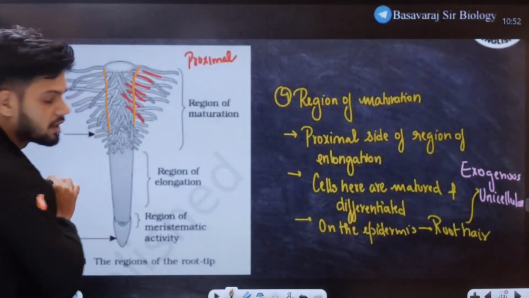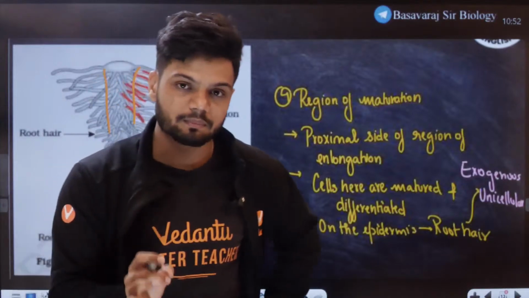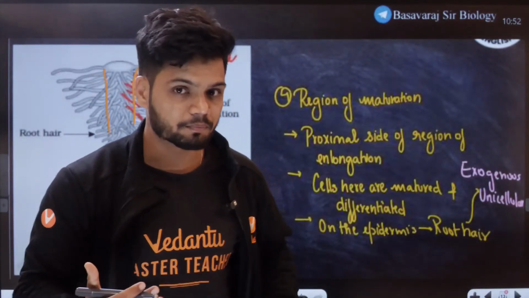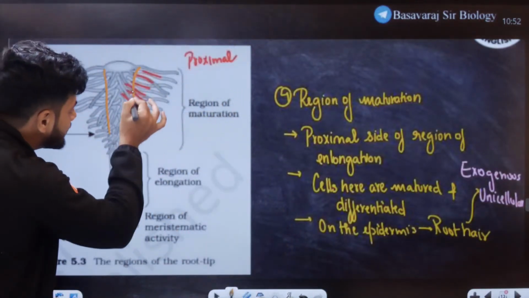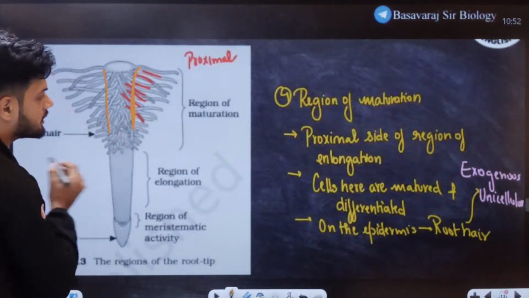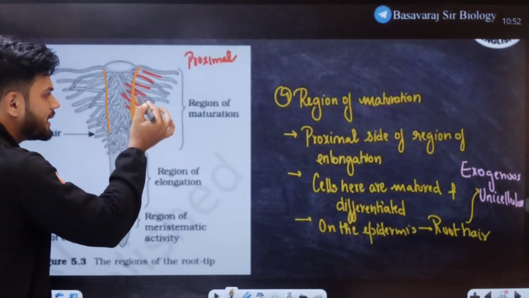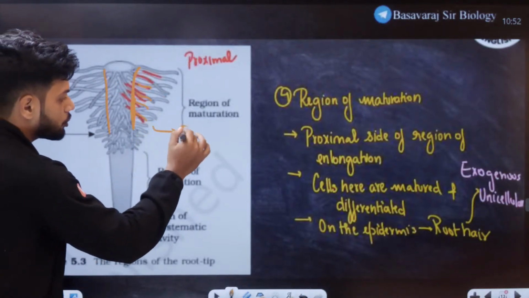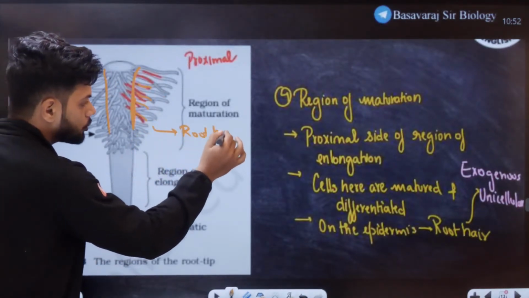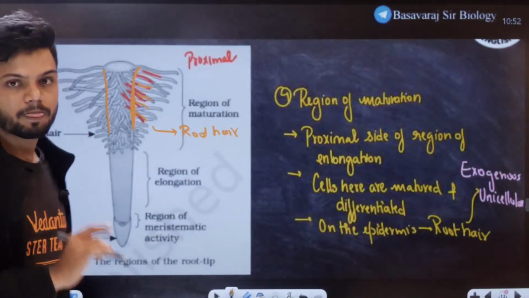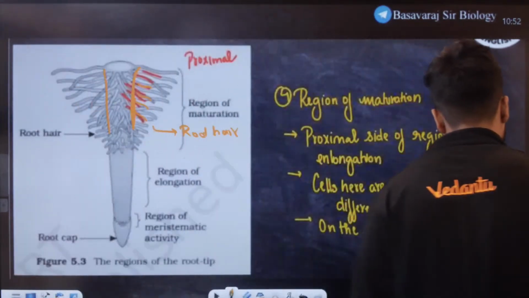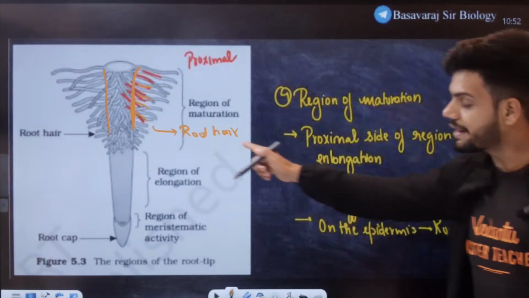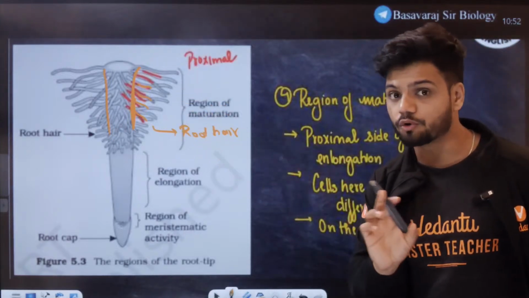The meaning of epidermis is the outermost layer. On this outermost layer, we can see fine hair-like structures called root hair. Root hair can be observed here.